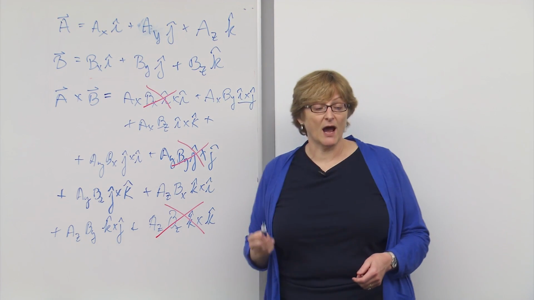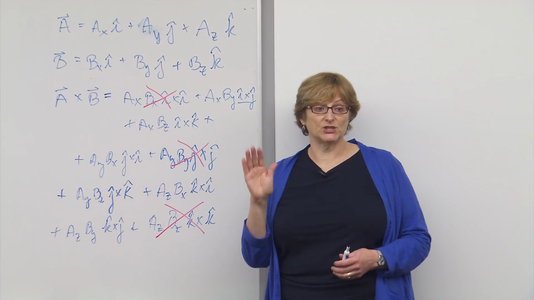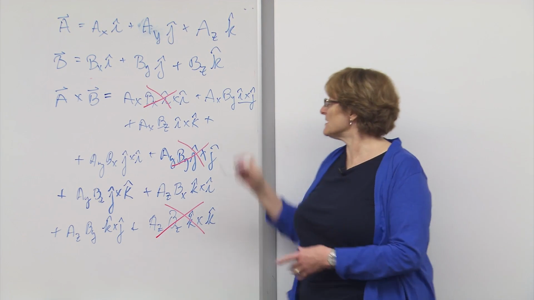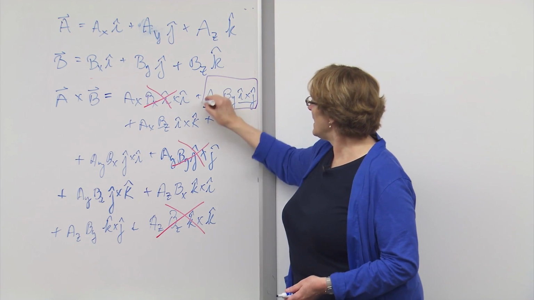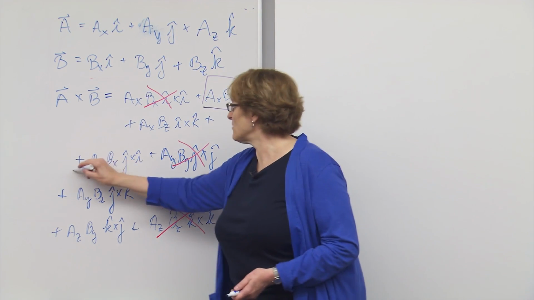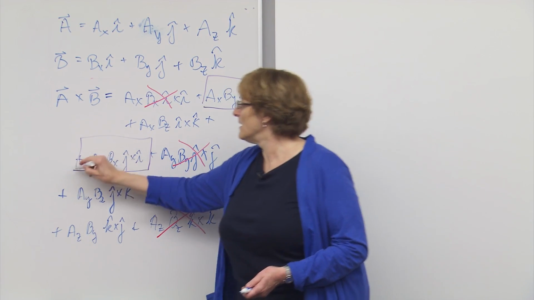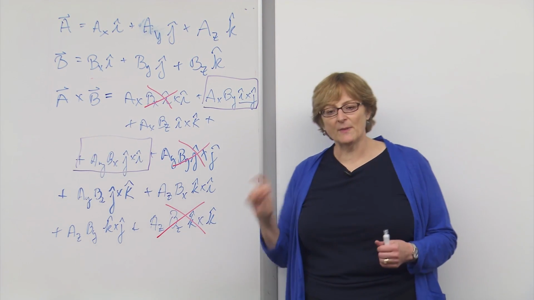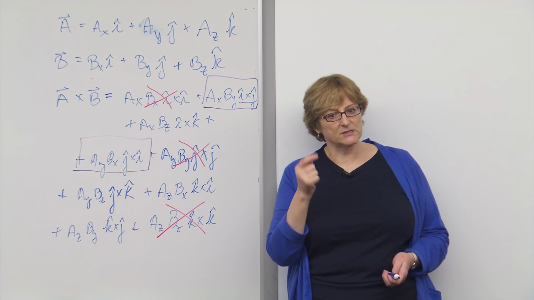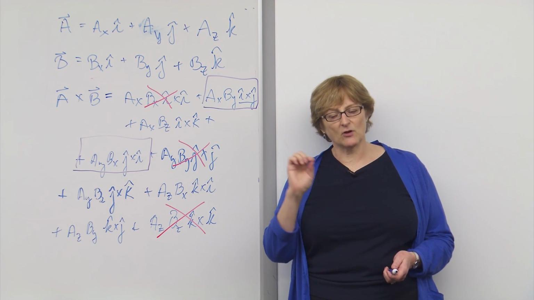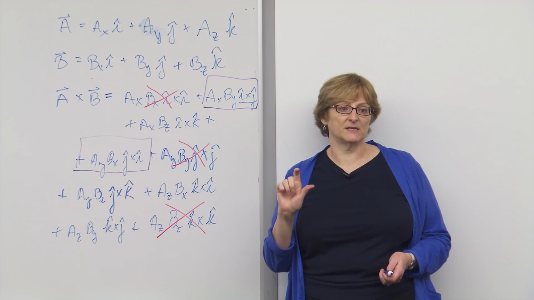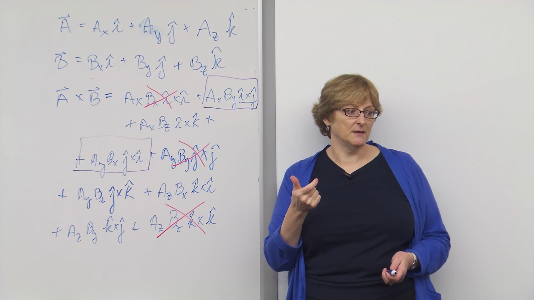We already learned what i cross j is. Remember that i cross j is k. So here's an i cross j term. And here's a j cross i term. Now remember, I told you when you switch the order, so if i cross j is k, then j cross i must be minus k, because switching the order changes the sign.